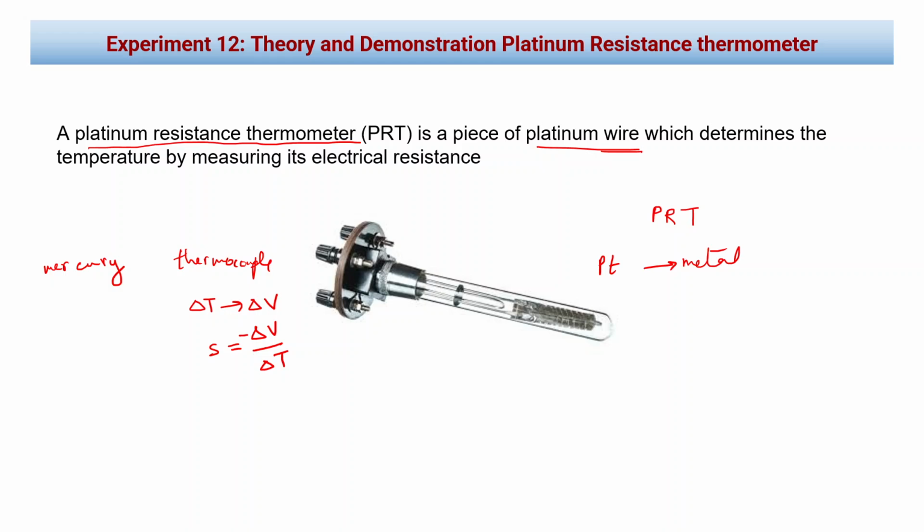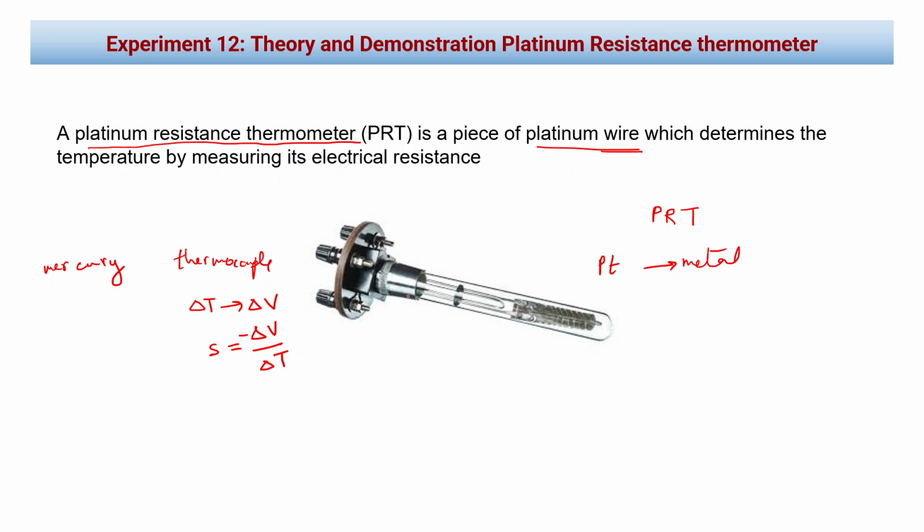Electricity is passing, that means electrons are passing, and more collisions happen with the vibrating atomic cores. Because of that, the resistivity or resistance of the metal increases. That's why we are using a metallic wire, specifically platinum, and here we will be able to measure the temperature depending on the electrical resistance.